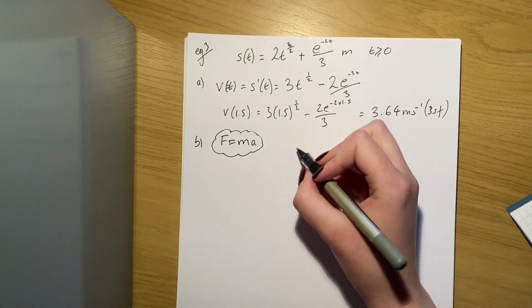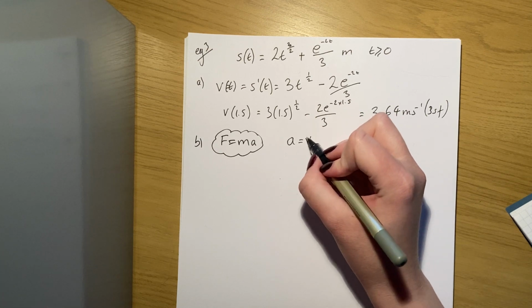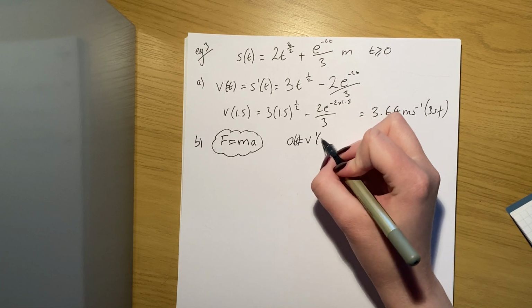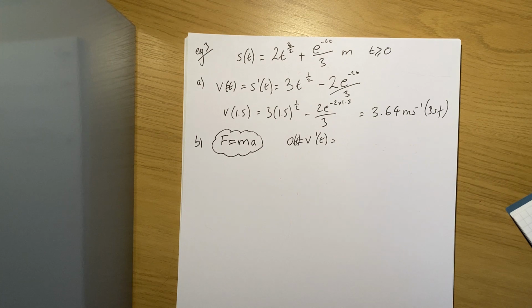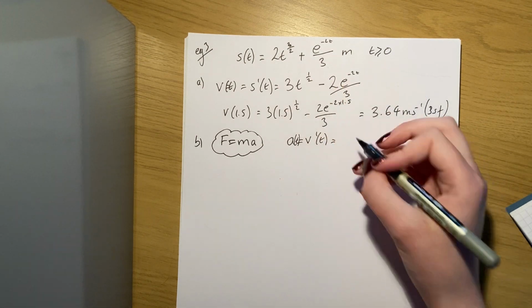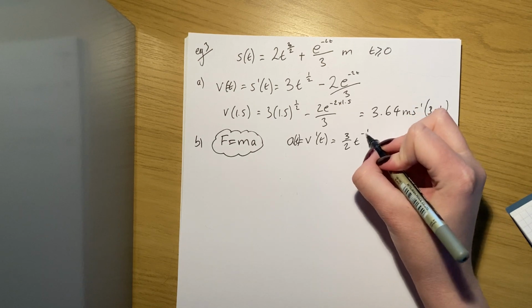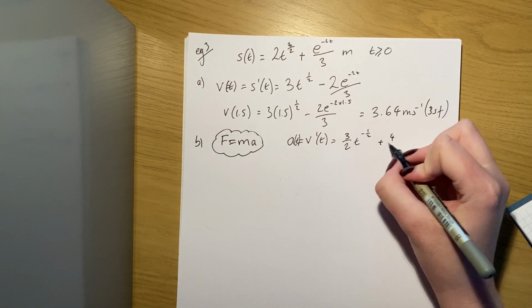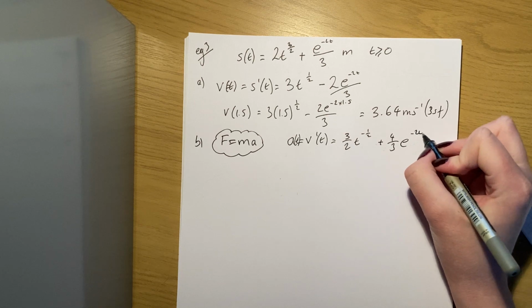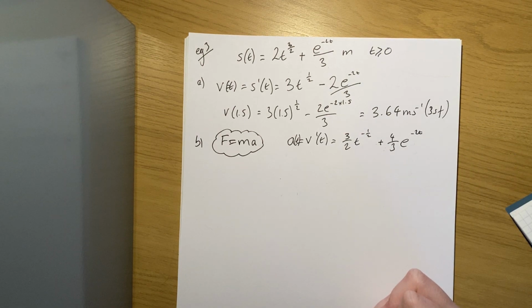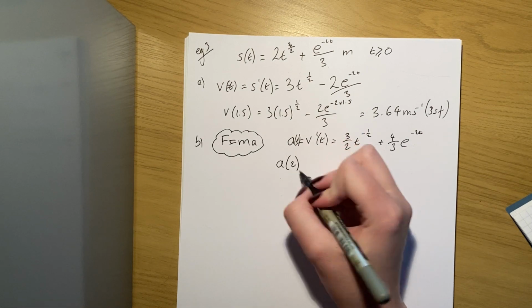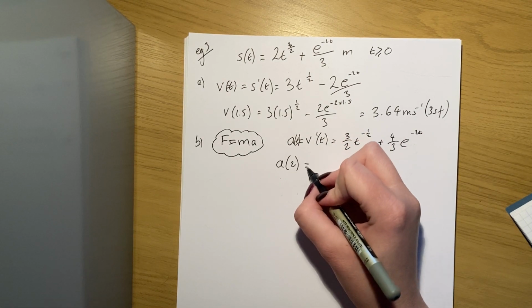So I need to work out the acceleration formula, which is the derivative of our velocity. So I'm going to differentiate this equation, which is 3 over 2 t to the power of -1/2 plus 4/3 of e to the -2t. I want acceleration when time is 2 seconds.